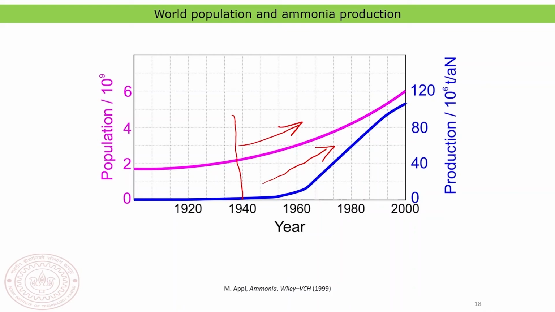This is quite interesting. That basically means this catalytic process, the production of ammonia itself, has helped humankind in a greater way, because it has helped the production of different types of fertilizers.